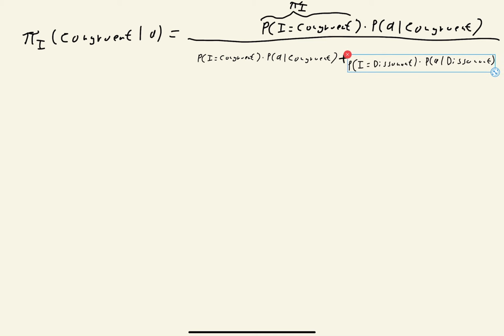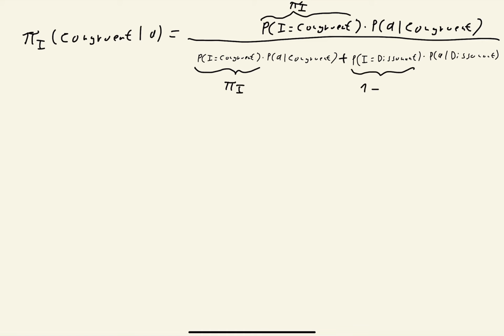This is also pi I here, and this here is 1 minus pi I. Now this is linking the behavior in the first stage and the ex ante beliefs of the representative voter about the incumbent to the posterior belief on the left-hand side: the belief that the incumbent is of a congruent type given that he has chosen policy A.